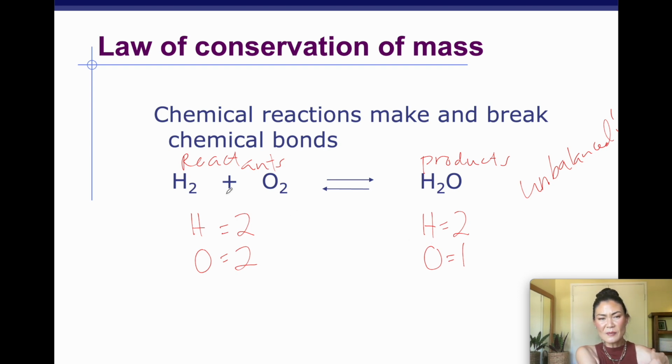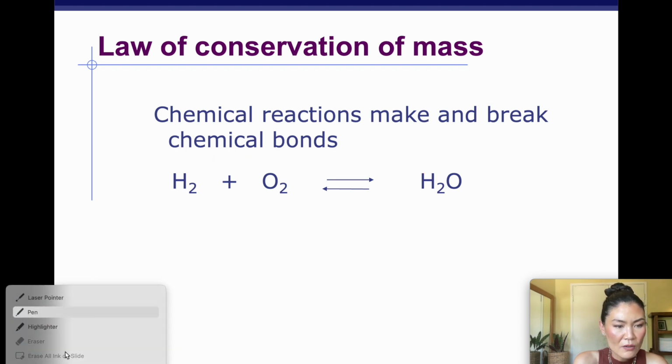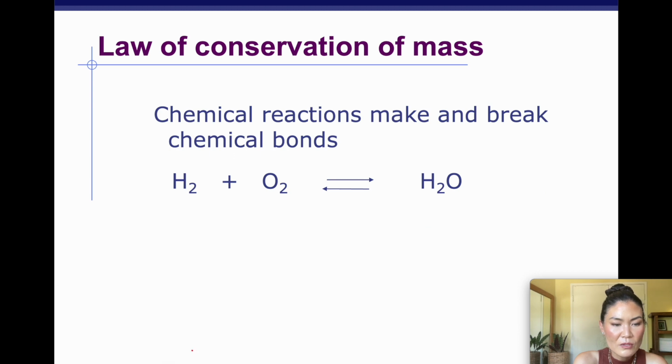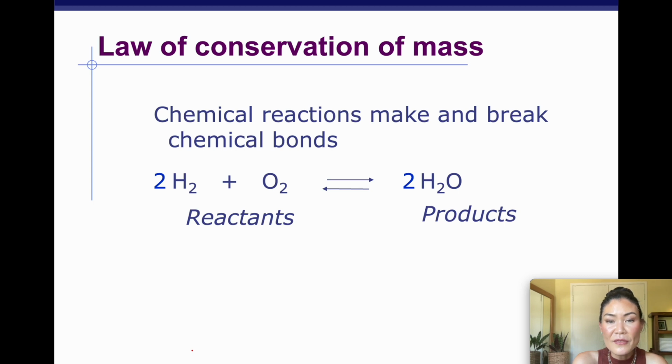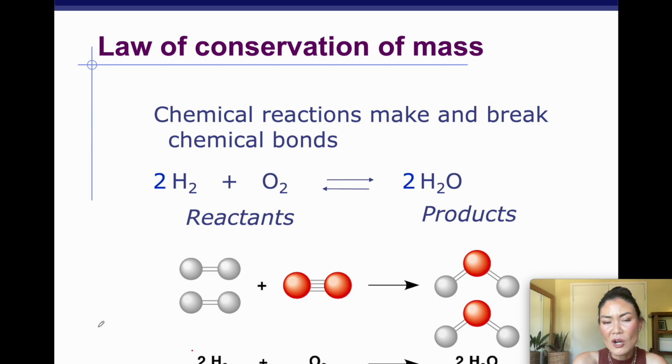This is something that you'll probably be doing next year in chemistry. In chemistry, you're going to do a lot of balancing equations. But I'll just show you really quick how to do that, okay? Let me erase all the ink there. So we have the reactants and the products. The thing that we can add to a chemical equation are what we call coefficients.